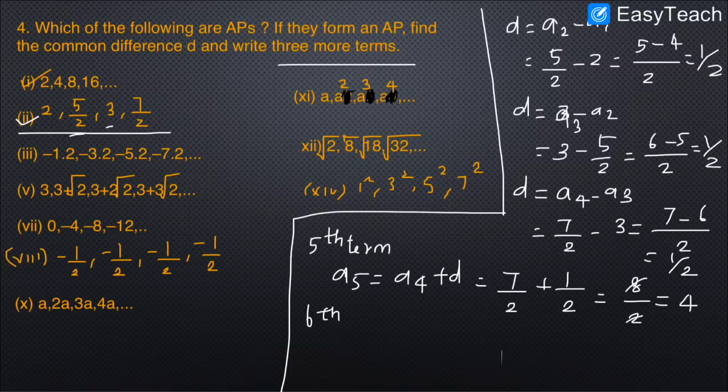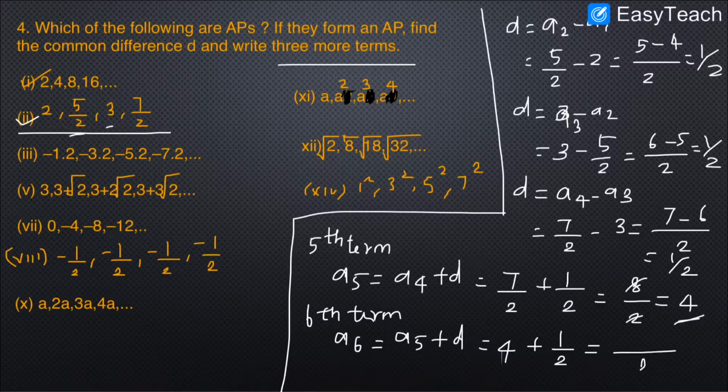To find the sixth term, A6, if you add A5 plus D, we will get the sixth term. Here A5 we just found is 4, plus D is 1 by 2: 2 4s are 8 plus 1, which gives me 9 by 2.